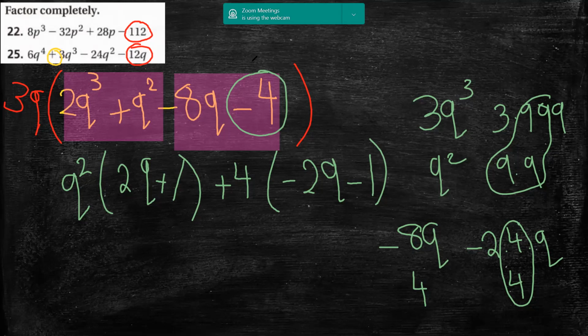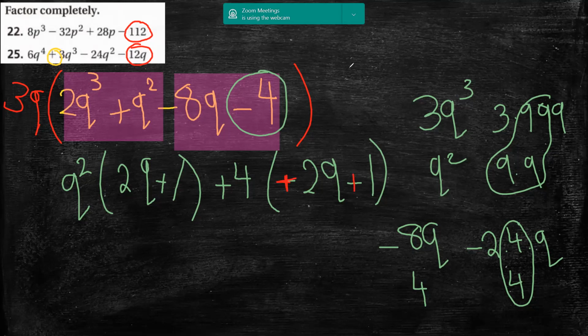This is wrong. What I have to do, let's take minus 1 as a common factor, or let's divide them by minus 1. If I take this minus from here, this sign will be plus.